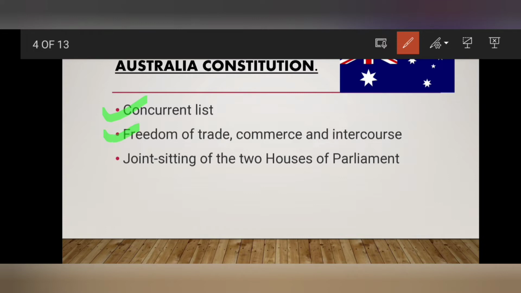Then the freedom of trade, commerce, and intercourse has also been taken from it. And the joint sitting of the two houses of parliament. We know about the joint sitting, right? This is one important one, taken from the Australian constitution.